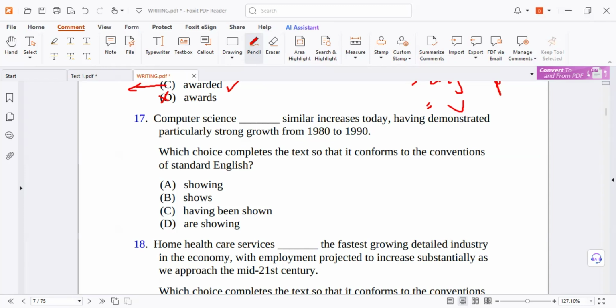B, yes. 17, it's letter B, but I need a reason.